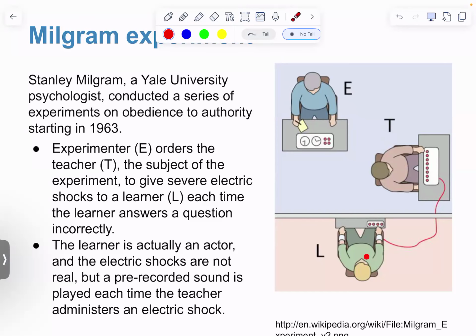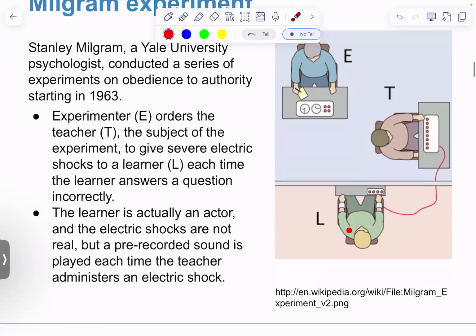Right? And so the learner is actually an actor and the electric shocks are not real, okay? But the pre-recorded sound is played each time the teacher administers an electric shock. So effectively the teacher thinks that they're going to shock this person, right? And so they believe that they are.